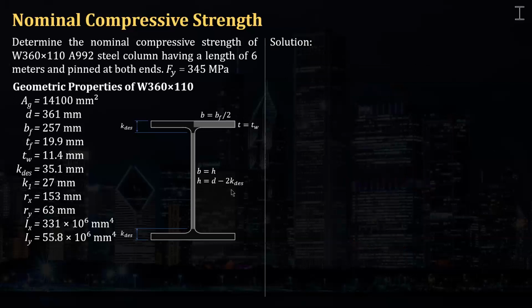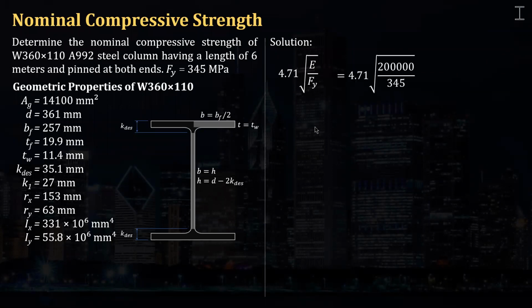Okay, so let's proceed calculating the limiting value. So 4.71 square root of E over Fy is equal to 113.4. Now, let's calculate the slenderness ratio, KL over r. As you can see, the length is 6 meters, and this column is pinned at both ends.